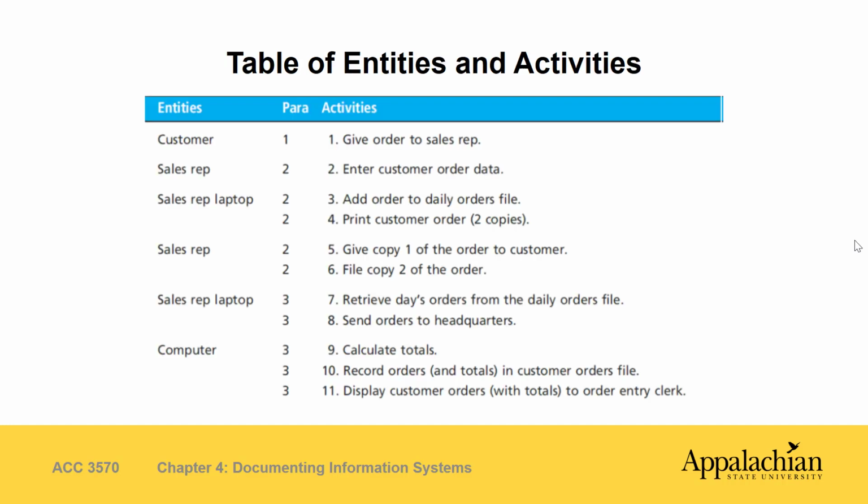So here's the table of entities and activities for Sabrina, and you can see how it's in chronological order that coincides with the chronological order of the narrative. And also, it has an entry for each one of the entities.